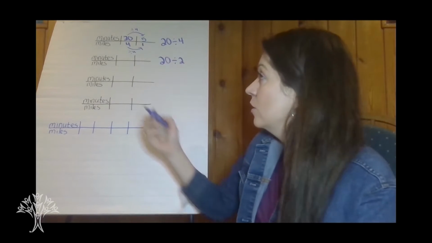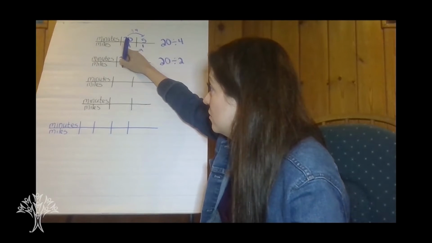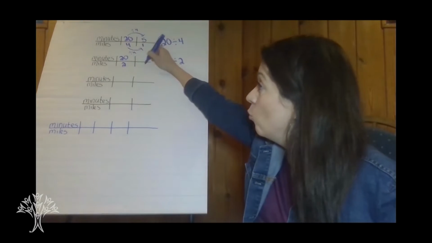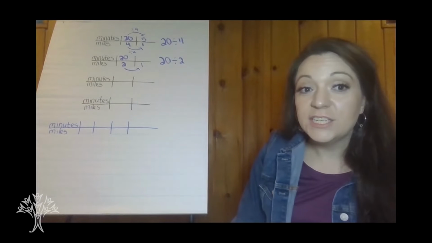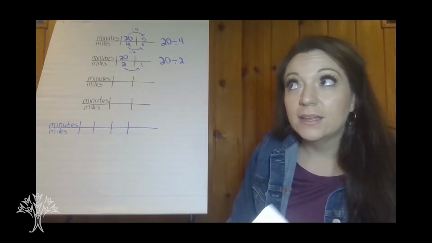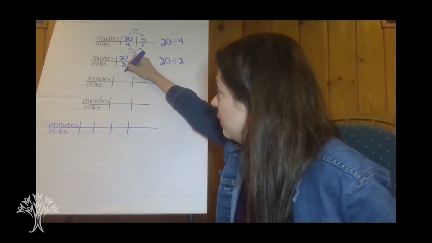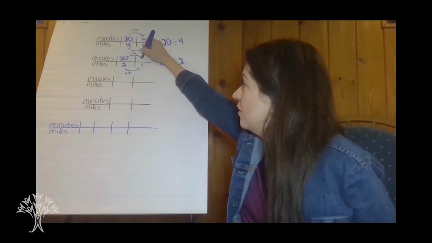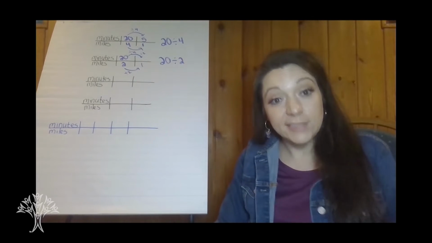Nice work. 20 minutes, 2 miles. And we want to get down to that unit rate of 1 mile. So what did I do? 2 divided by what gives me 1? 2. And I have to do that on the top. What's 20 divided by 2? 10.